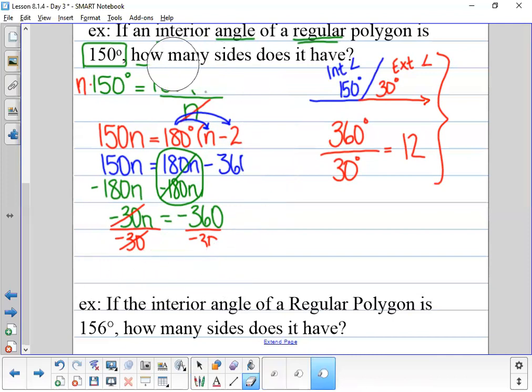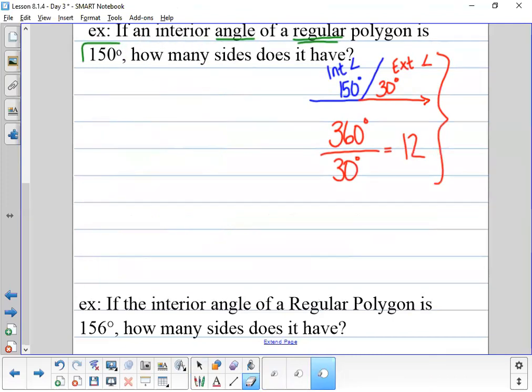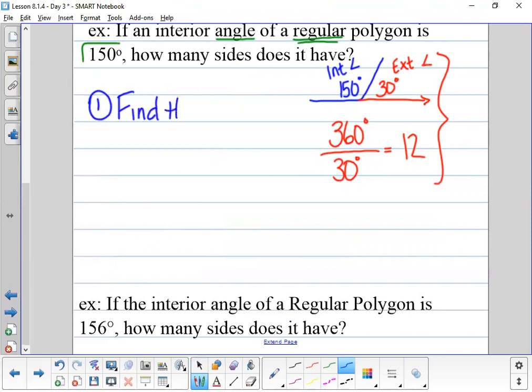Okay, so let's annotate that a little bit here. Getting rid of all that extra work. Let's do it the easy way. Step 1 is to find the exterior angle. Go ahead and write this down now. Find the exterior angle. And the way that we find it is by doing 180 degrees minus the interior angle, because the interior angle and the exterior angle are a linear pair. They're a straight angle.